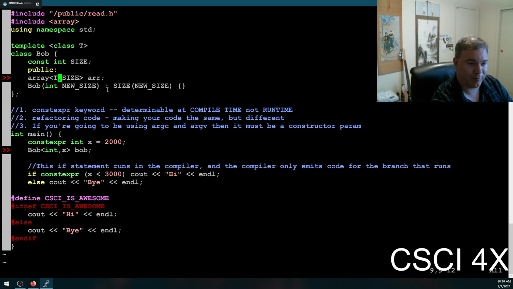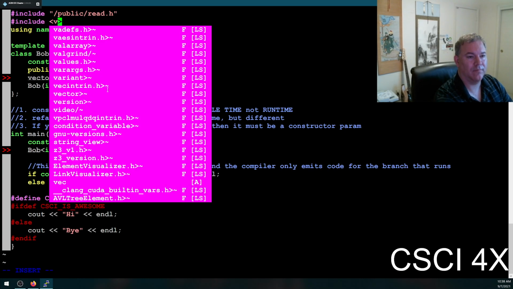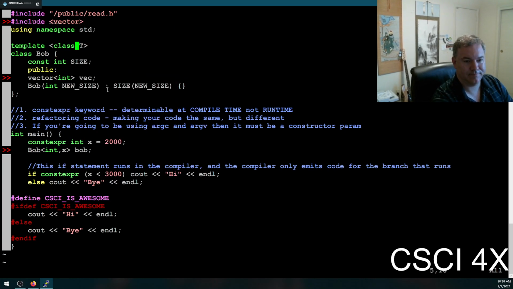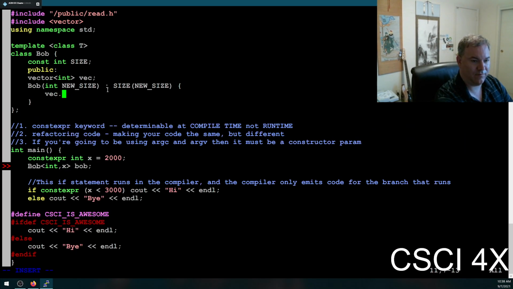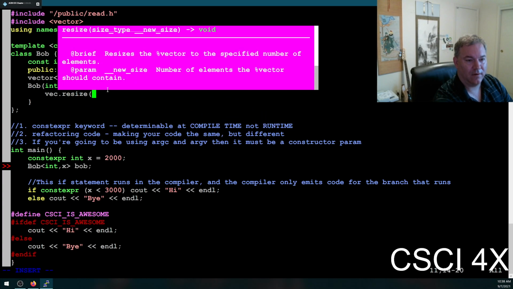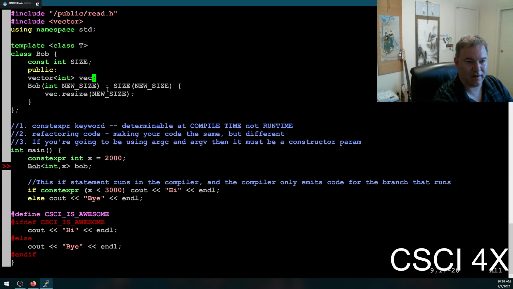Array has to be compile time determinable, so we use the vector instead. And we will simply vec.resize to be new size. And then all of your code that uses size will have size set here. Even though it's a constant, it still can be set. Constants can only be set in the initializer list like this.